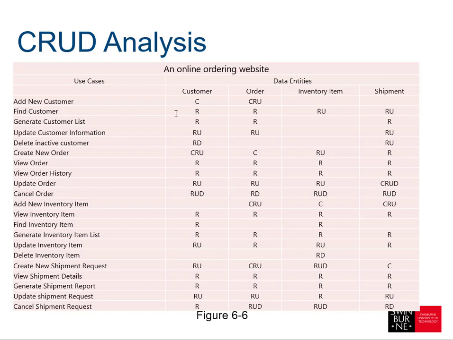In order to find the customer, we need to read it. Third use case, again read the instances in order to produce the customer list, right? So likewise, we can go through each and every use case and entity and match and see whether there is an unmatched one, right? So likewise, you can identify a new use case, or you can refine an existing use case.